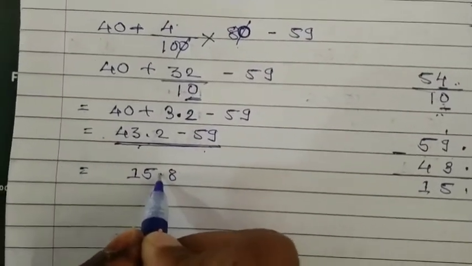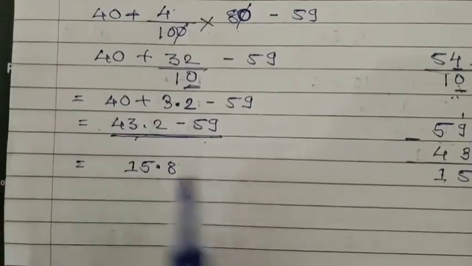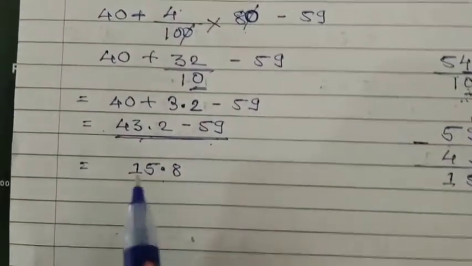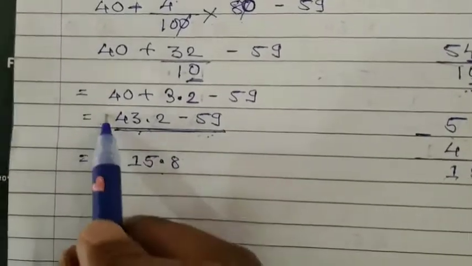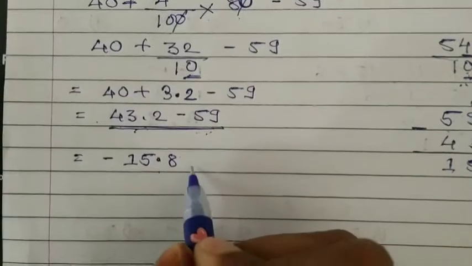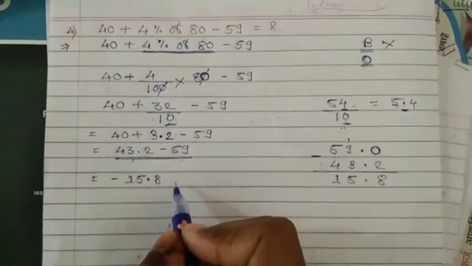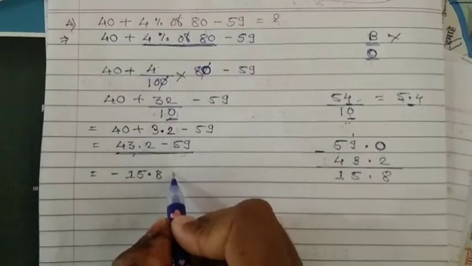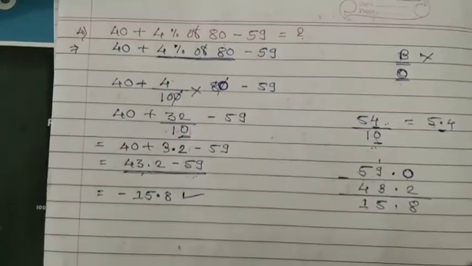But is it a positive number or a negative number? 43 is the smaller, 59 is bigger, plus minus is minus. So the answer is minus 15.8. Do you understand, student?